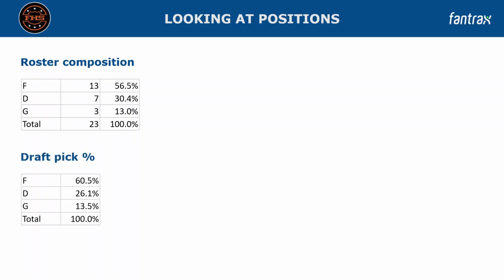And compared to how we have picked so far, we can see that we have over-selected forwards compared to how many forwards we need for our everyday rosters, and we have under-selected defensemen. The goalies are about the same percentage, so 13.5% selected compared to 13% on the active roster.